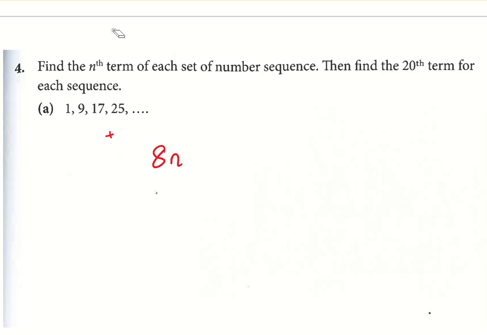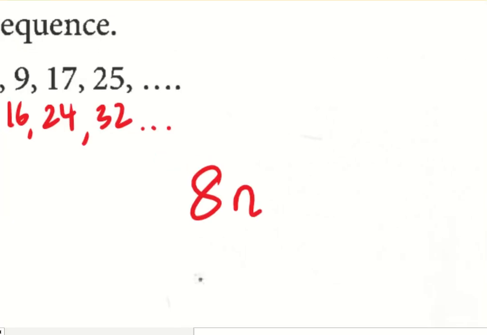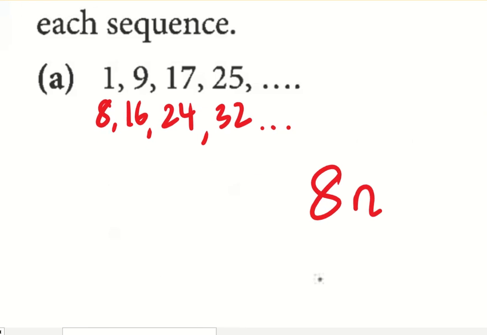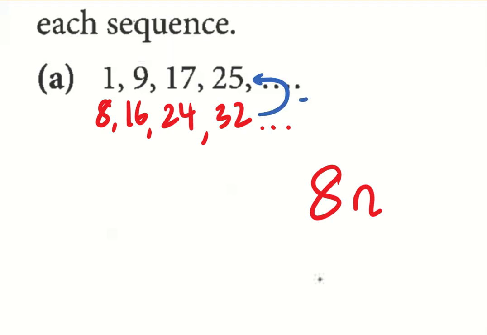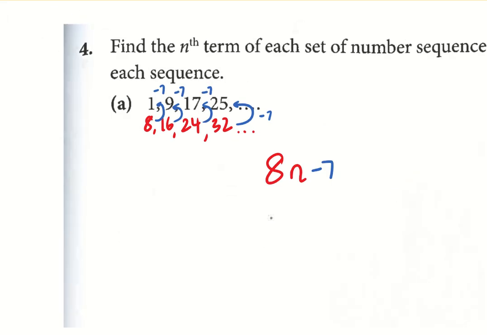Okay, so next, we want to write down our 8 times table. 8, 16, 24, 32, so on and so forth. We compare our 8 times table with the original. How to go back to the original? We need to minus 7. Double check. Yeah, you're subtracting 7, minus 7, minus 7. So just put a minus 7 here. And now this is our formula.